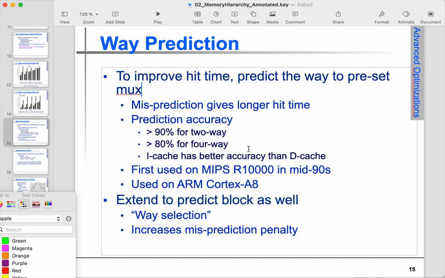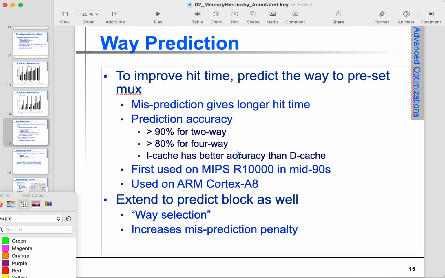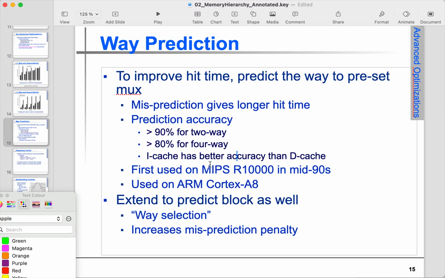So misprediction gives longer hit time. If the prediction accuracy is bigger than 90%, we would use 2-way prediction. If it is bigger than 80%, we would use 4-way prediction. We can extend to predict the block as well by using the way selection.